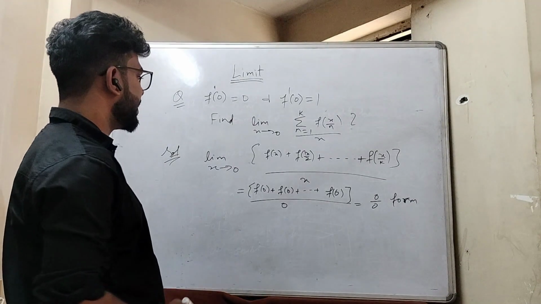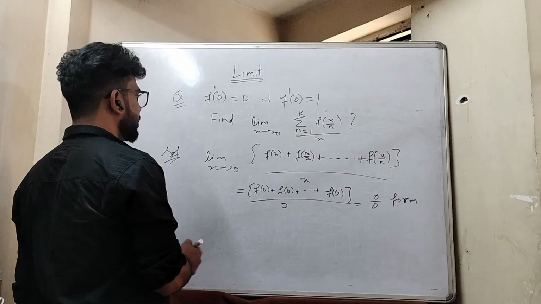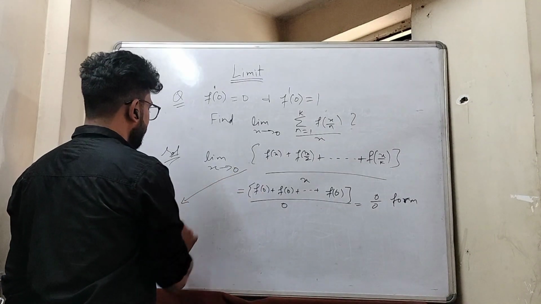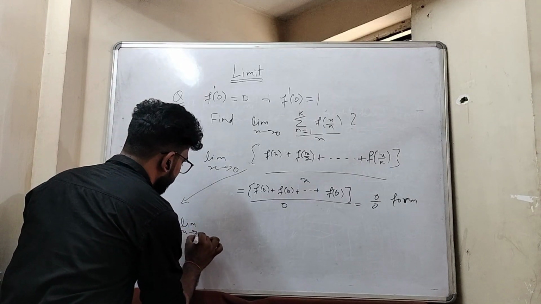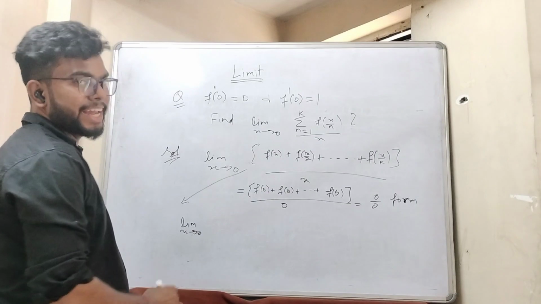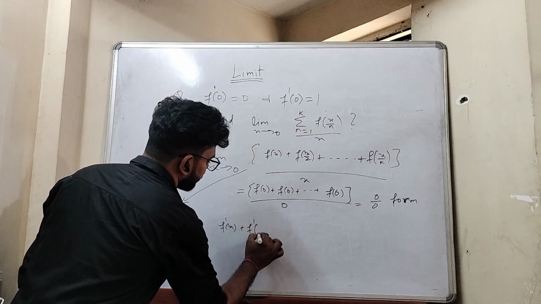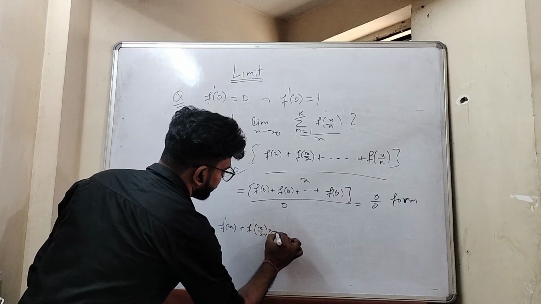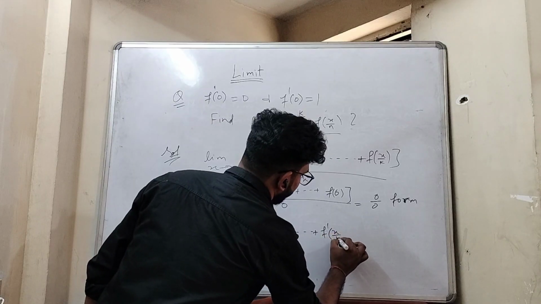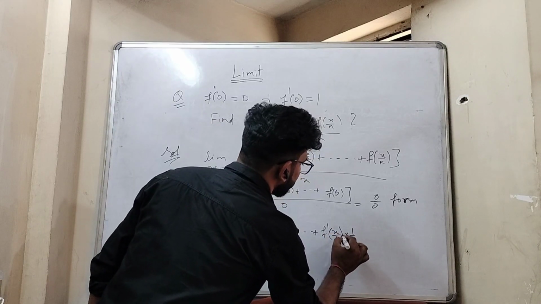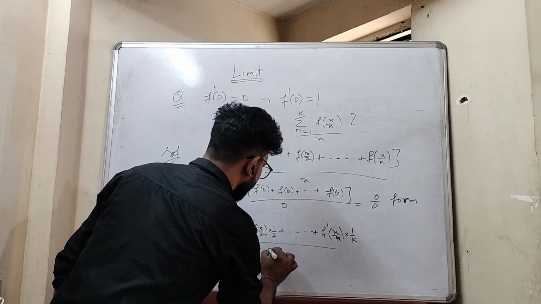So now we will apply the L'Hospital rule to this situation. According to the L'Hospital rule, the limit of this is equal to the limit of the derivative as x tends to 0. First differentiate the numerator and denominator, which gives f dash of x plus f dash of x by 2 into 1 by 2, plus so on, f dash of x by k into 1 by k, and in the denominator you get 1.